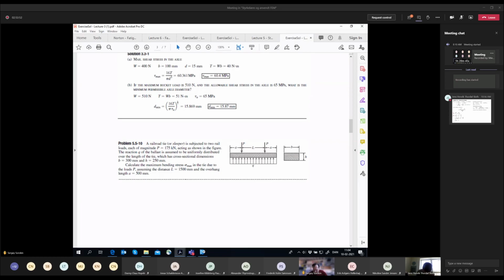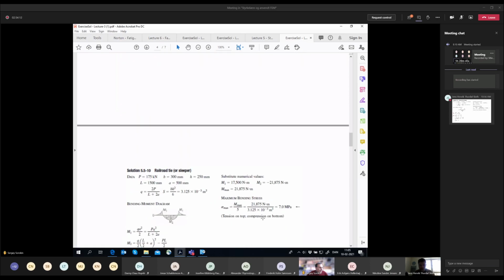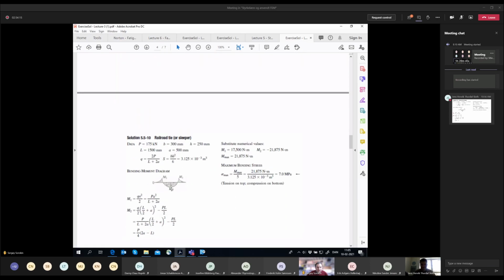And then I isolate Mx. And for Mx you have the formula qx squared over 2. Then you plug in x equals a, and you get the formula presented in the solution. Then you do the next cross section, and for this next cross section you do exactly the same things, but now you also have the force P in the game.